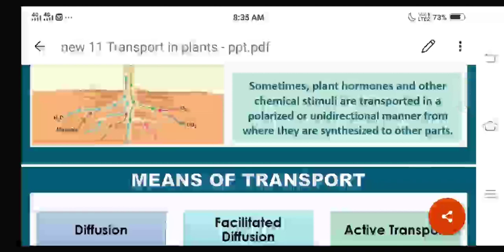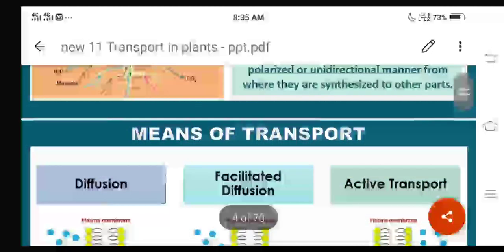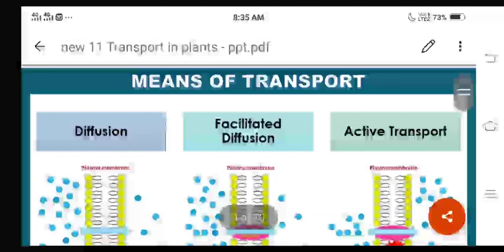Then let us understand the means of transport. Means of transport means the various materials which are transported into and out of a living cell by a number of methods, right?